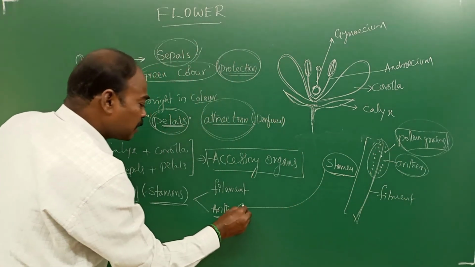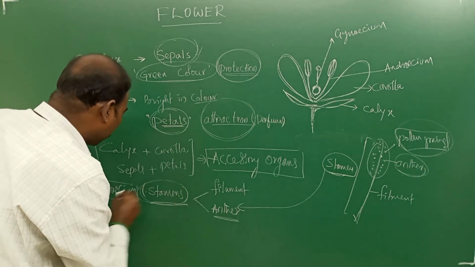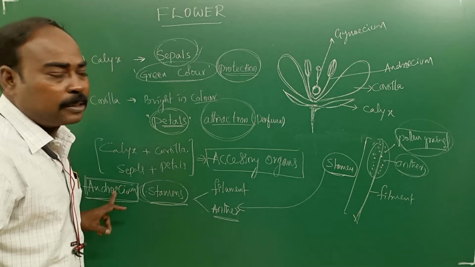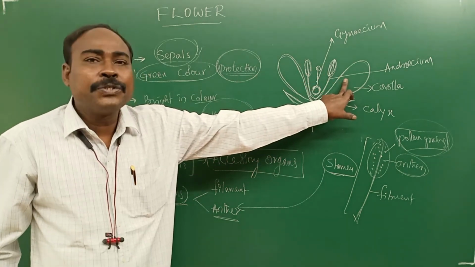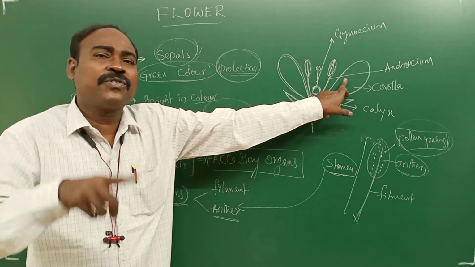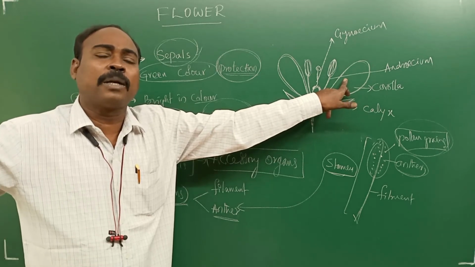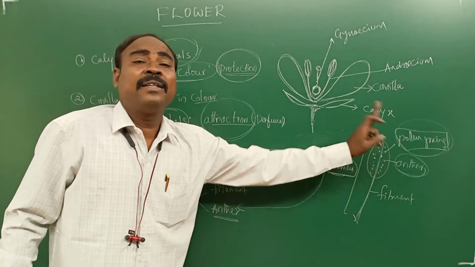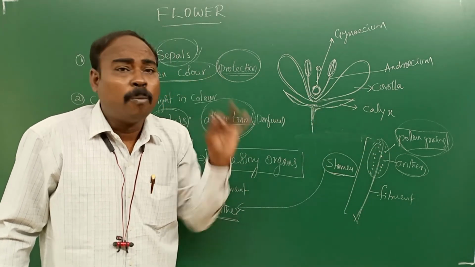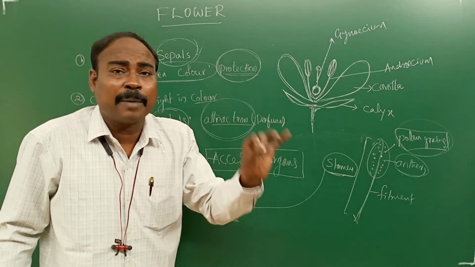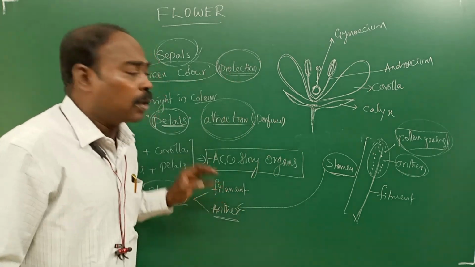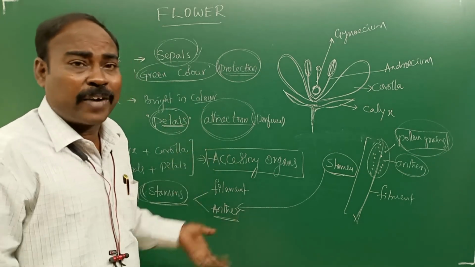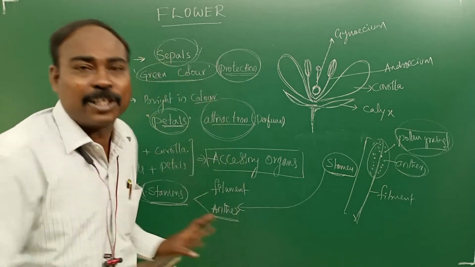A number of stamens are united together in a group called androecium. So the third whorl of the flower, androecium, consists of a number of stamens: 2, 3, 4 or 5 or many. Each stamen has the filament and anther. Within the anther, pollen grains are developed. Pollen grains are otherwise called male reproductive units or male gametophytes. Gametophyte means the structure which carries the gametes, right?